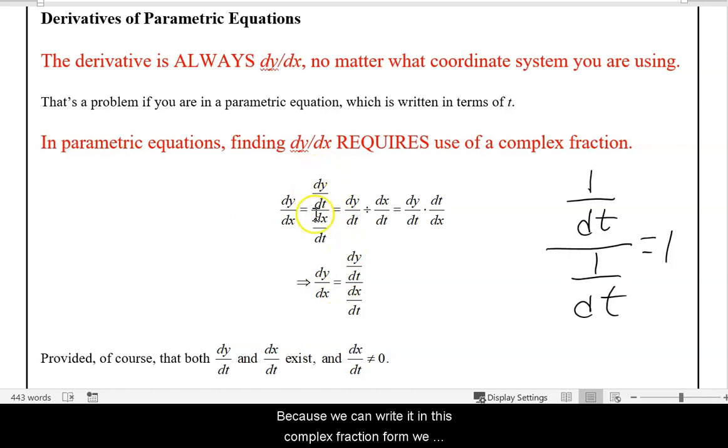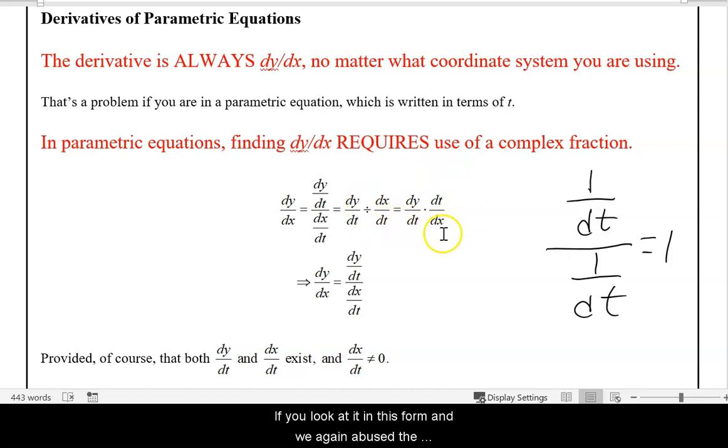Because we can write it in this complex fraction form, we can then pull it apart and take the numerator fraction, which of course is not a fraction, and divide by the denominator fraction, which of course is not a fraction. This means we need to take the reciprocal of the denominator fraction and multiply by it.